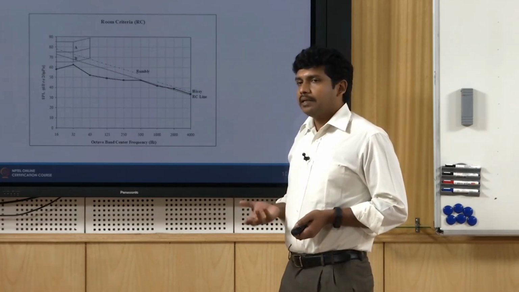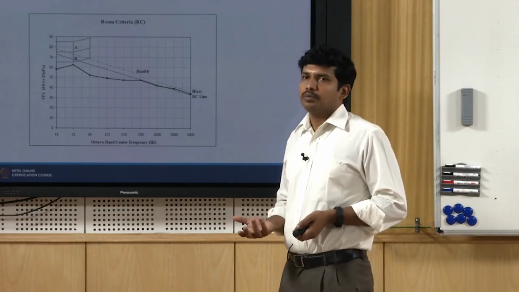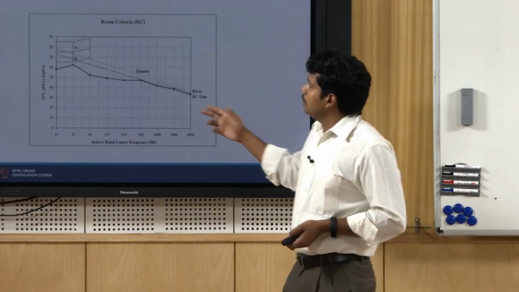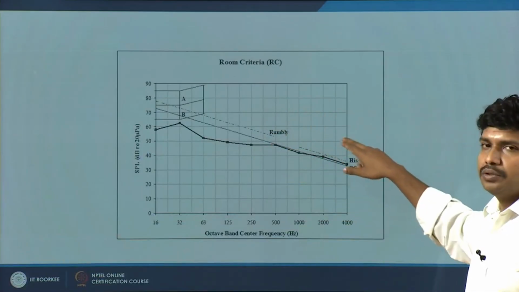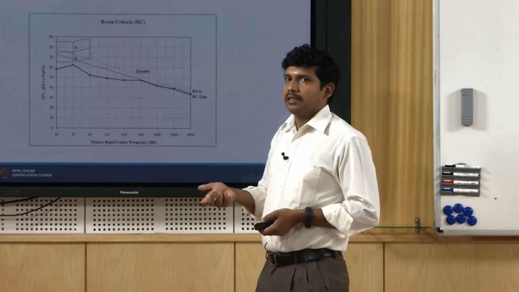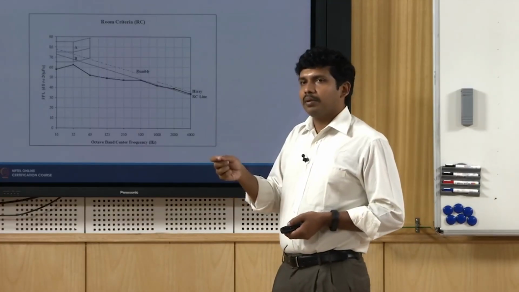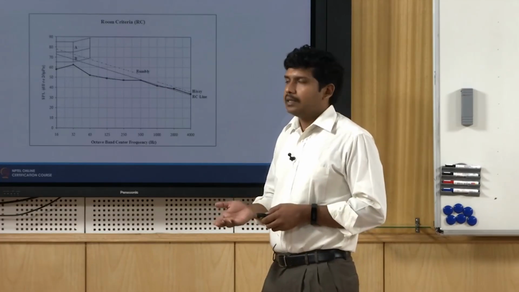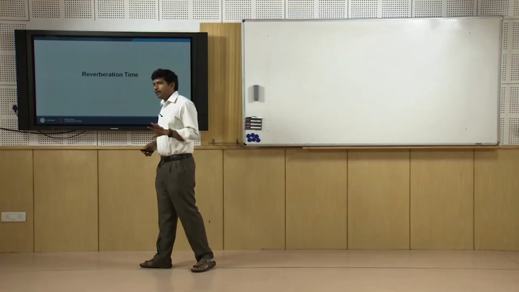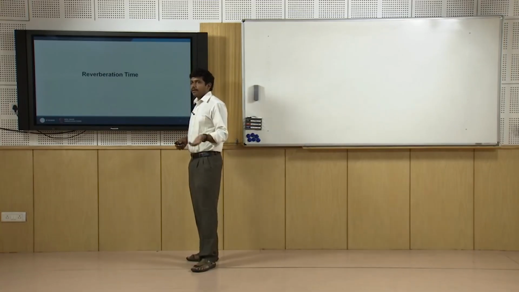When noise criteria is not met, your main attention should be on the room acoustic treatment. Whereas if you see the room criteria is shooting up, it means your main attention has to be on the air conditioning system. There may be certain problems, so you have to prioritize looking at the air conditioning system associated noise levels. So we looked at two indicators for background noise levels.